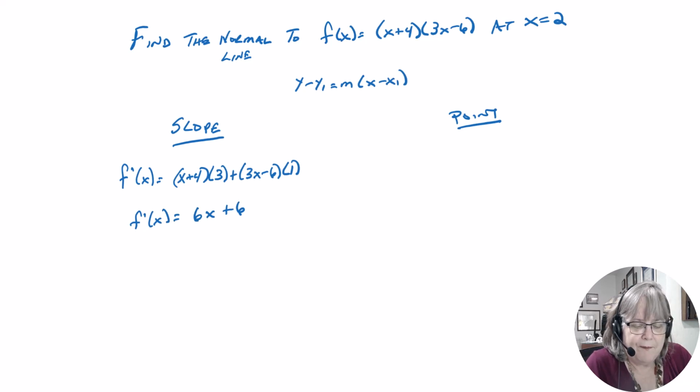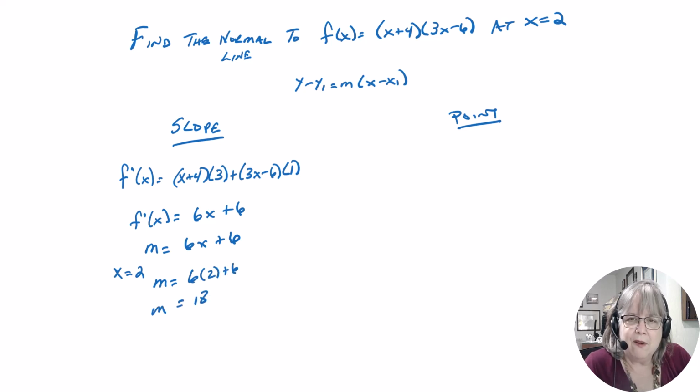Now, because this is the slope function, and it wants to know what's going on at x is 2, the slope at x is 2 is 6 times 2 plus 6, it's 18.